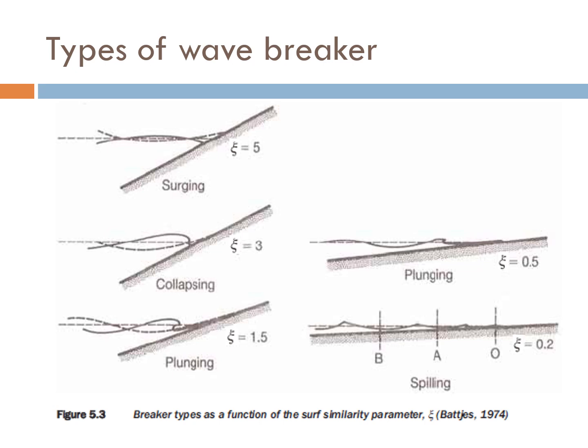If the shoreline has a very steep beach, like the first one here, then we may have a surging breaker. If the beach steepness reduces, we may get a collapsing breaker, plunging breaker, or spilling breaker.